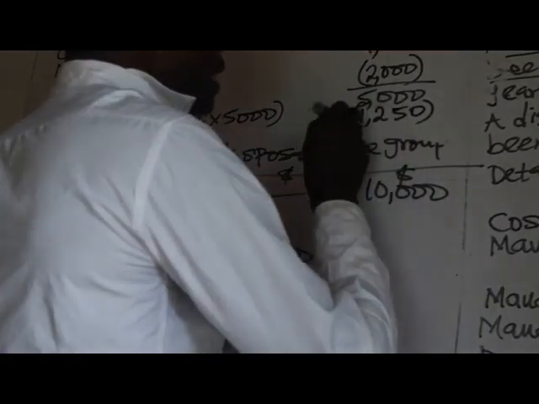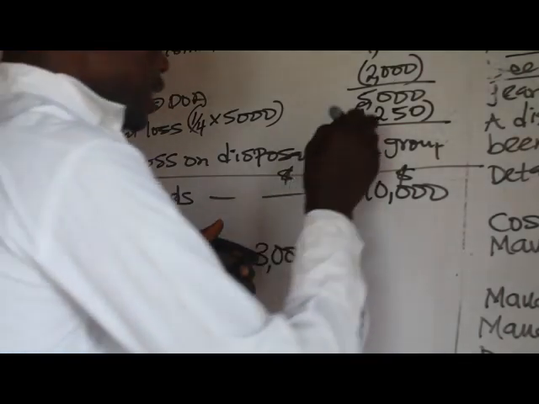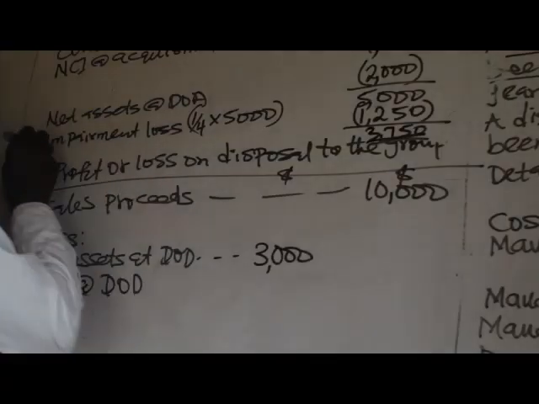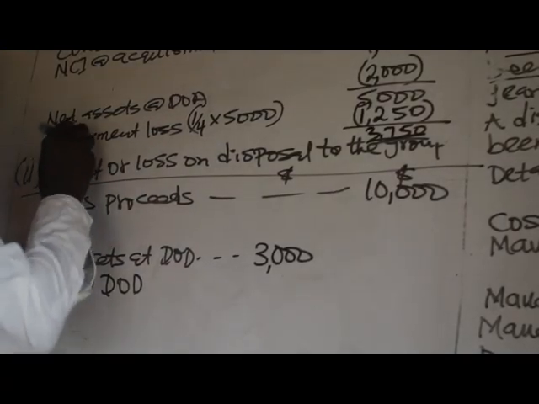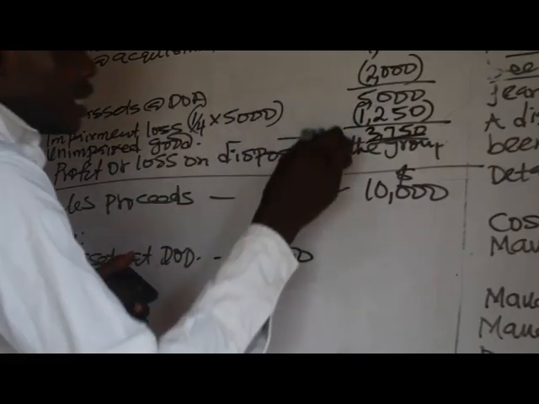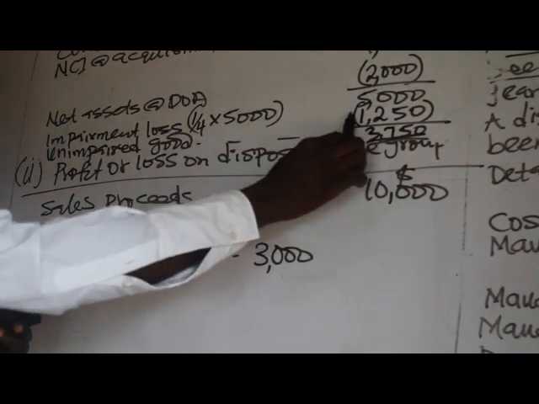By the time you subtract 1,250 from 5,000, the unimpaired goodwill is 3,750. That is our unimpaired goodwill, and that is 3,750. So our impairment loss is 1,250.